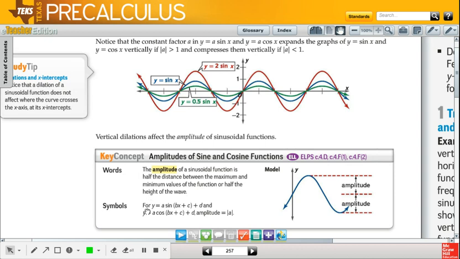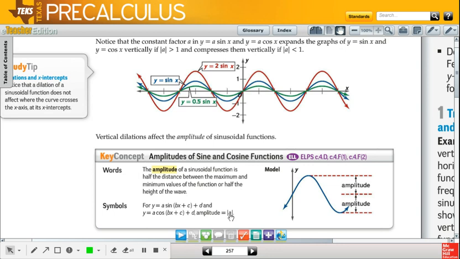Now the symbol for amplitude: for y equals a sine of bx plus c plus d, and y equals a cosine of bx plus c plus d, amplitude equals the absolute value of a. So if a is originally negative or positive, all I'm asking is to find amplitude, you just do the absolute value of it.